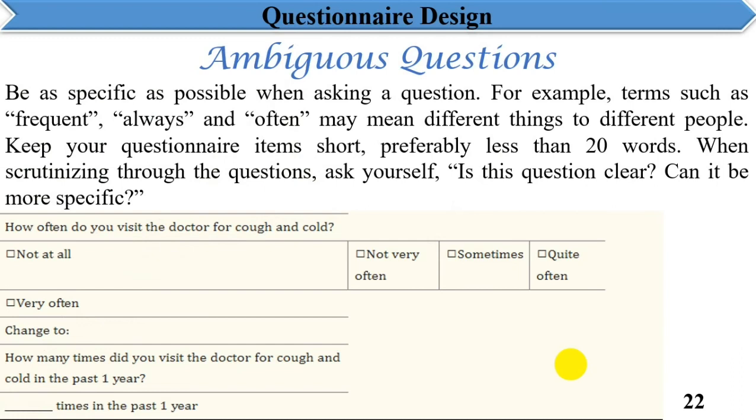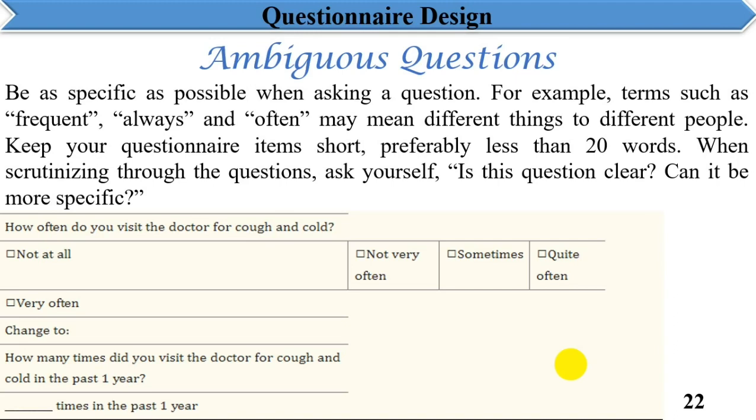Ambiguous questions. Now, there are certain words that mean different things to different people, like frequent, always, often. You should avoid such words. Are we there? For example, how often do you visit the doctor for cough and cold? We have not at all, not very often, sometimes, quite often, very often.